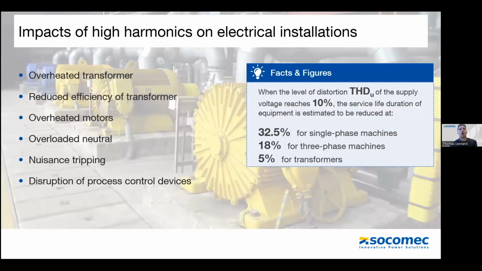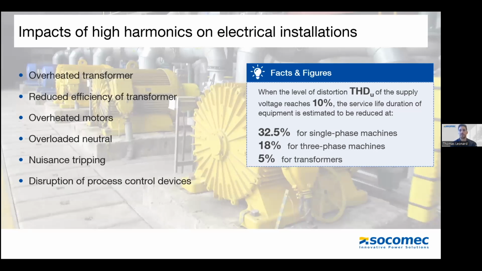And the impacts of high harmonics in electrical installations: overheated transformers, reduced efficiency of transformers, overheated motors. Harmonics will increase the RMS value and the peak values, so nuisance tripping as well. Depending on the harmonics order, you may have an overloaded neutral.